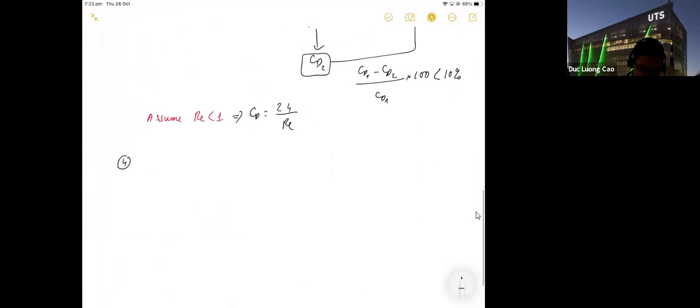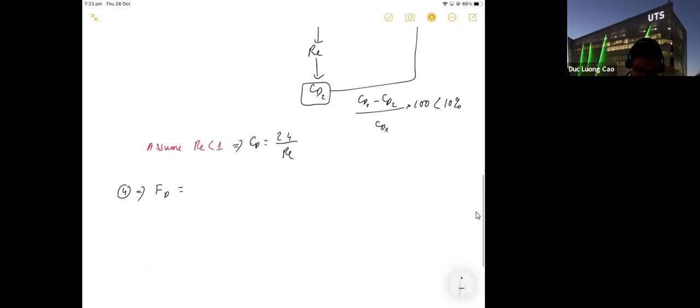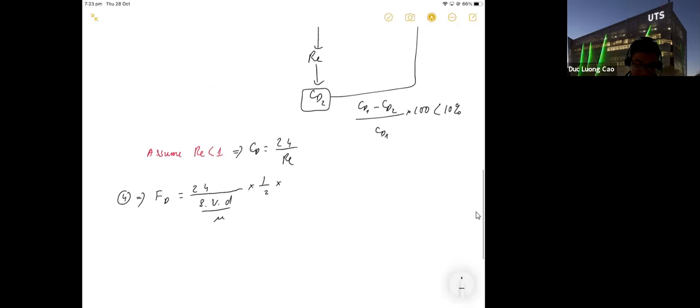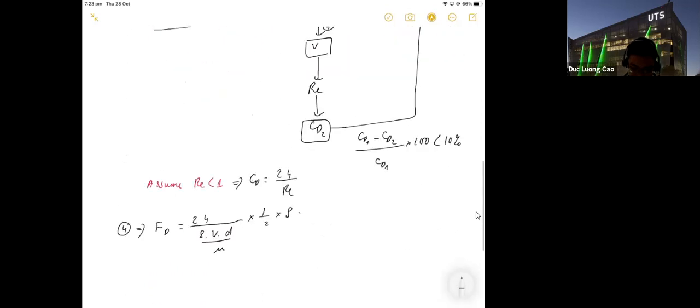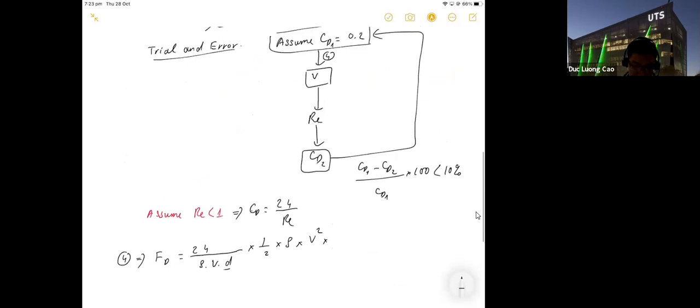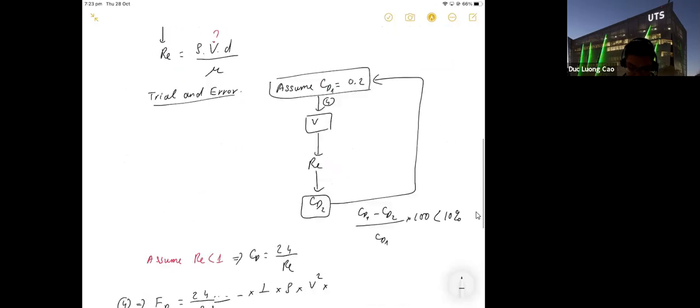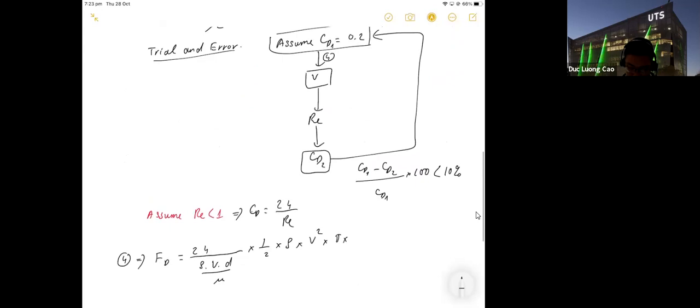Here you will have FD equal to CD, or 24 divided by the Reynolds number, which is rho V D over mu, times 1 over 2 times rho times V square times the frontal area, pi times D square over 4.